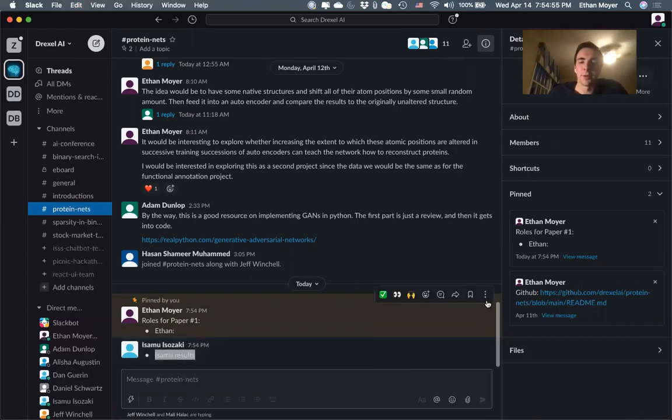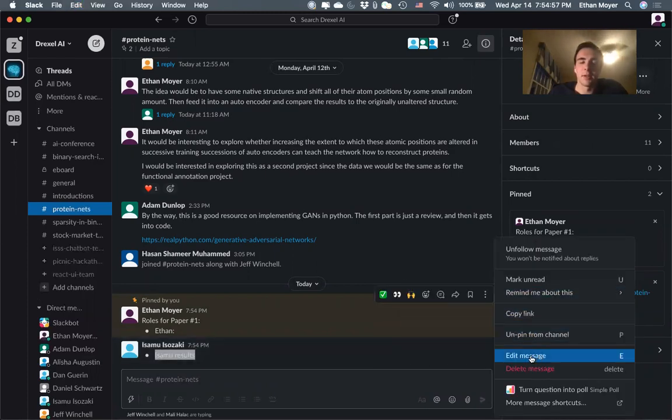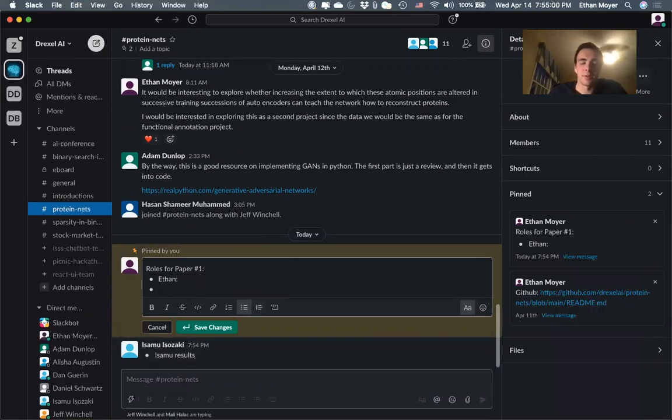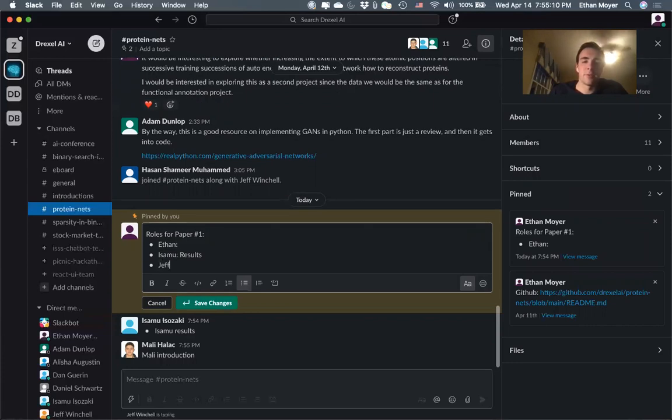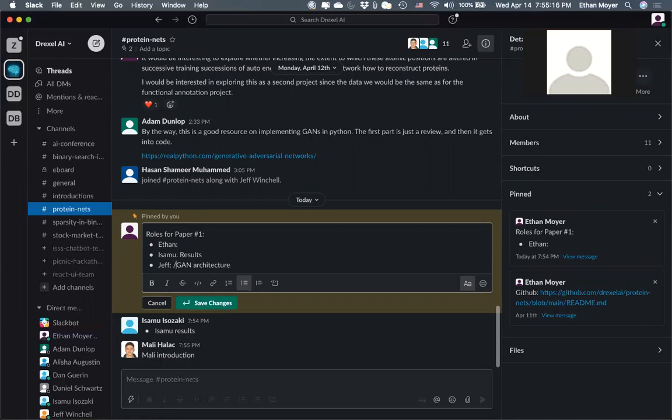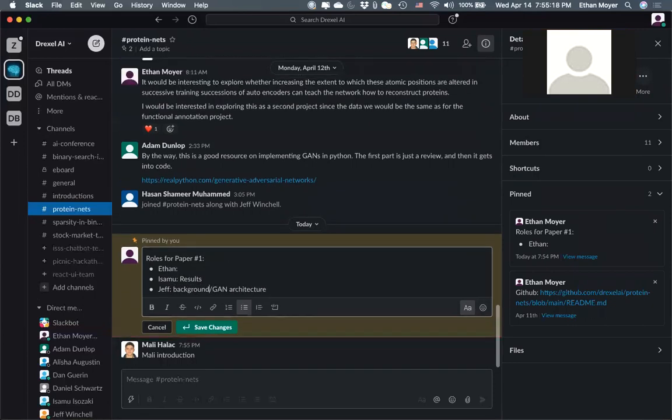So Isamu's doing results and GAN architecture. Oh, I thought Jeff wanted to do that. Oh, sorry. Yeah, I can do the background and then how we're using the architecture and how it corresponds to protein stuff.